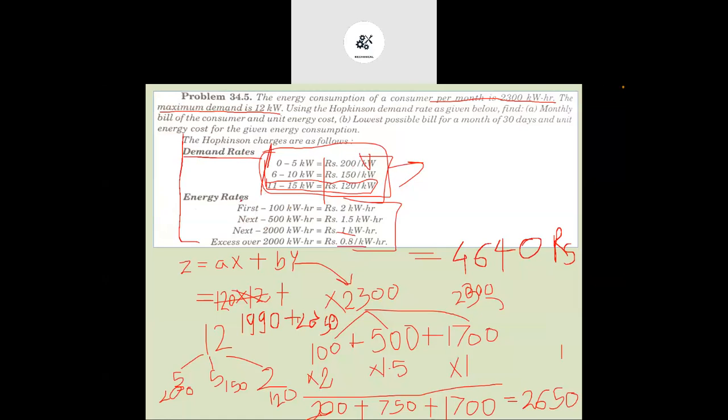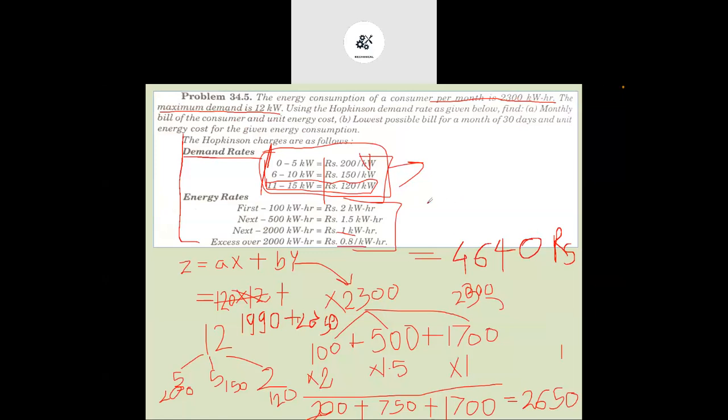Don't forget this. If demand rates are given in ranges, you have to use the different rates for the different ranges. If only one rate is given, in that case you have to consider only that one rate. Now this is the total monthly bill of the consumer, that is 4640 rupees.